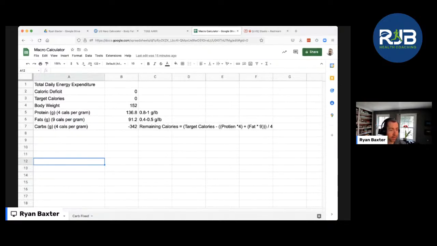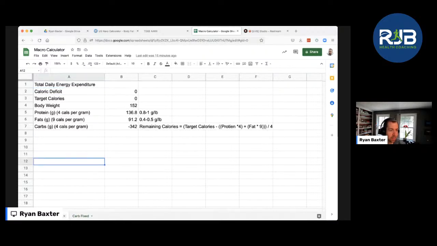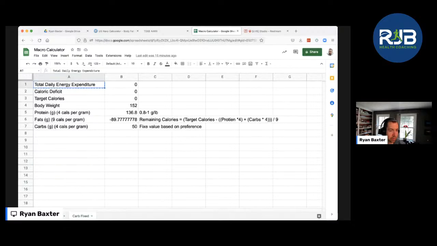Now, there's two sheets here because how I do the calculation depends on their preferences, or my preferences for them. If you're in the low carb space, you might have a fixed amount of carbohydrates that you want to eat. For example, if you're targeting a ketogenic diet, you probably want your carbs fixed at 50 grams.